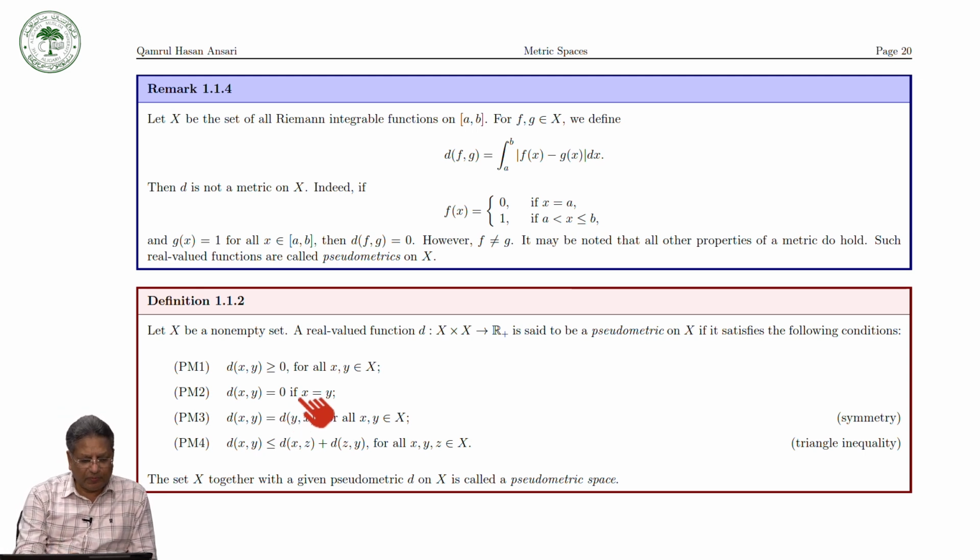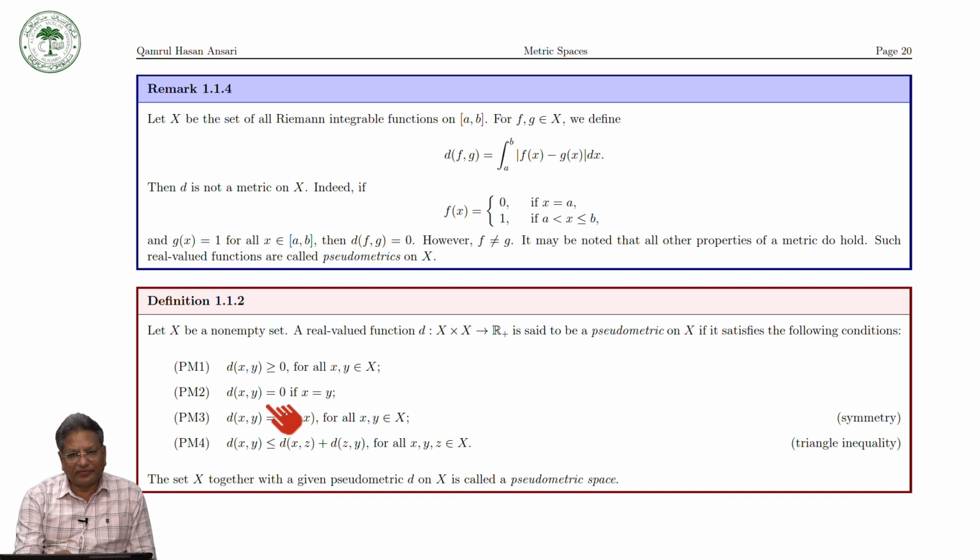The third one is the symmetric property, the same as in the metric, and the fourth property is the same triangle inequality. So what property is missing? That if d(x,y) is equal to 0 then x is equal to y. Only that if x is equal to y then d(x,y) is equal to 0.